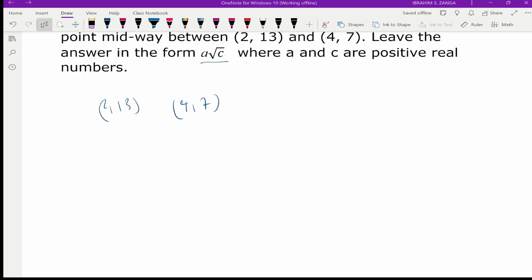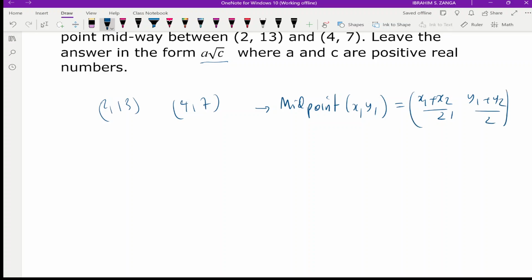So how do you find the midpoint of these two points? Again, the formula is midpoint x, y. You take x1 plus x2 over 2, y1 plus y2 over 2.